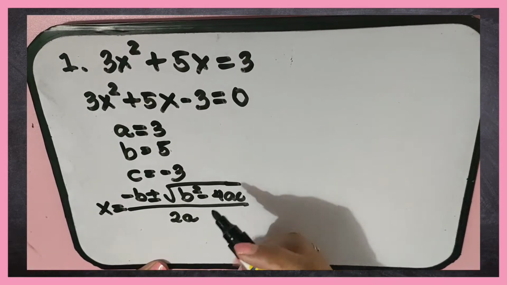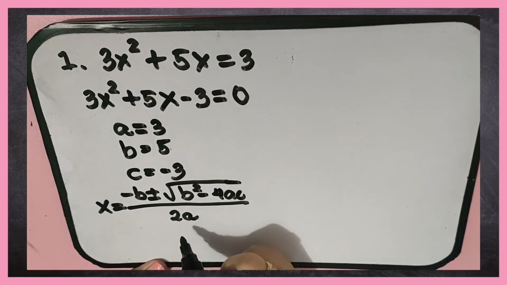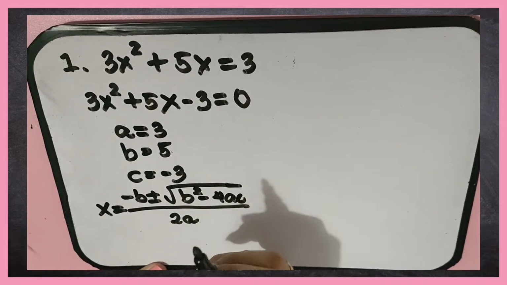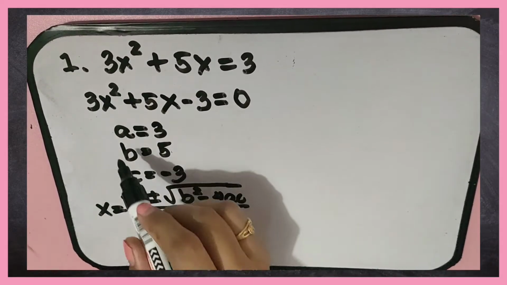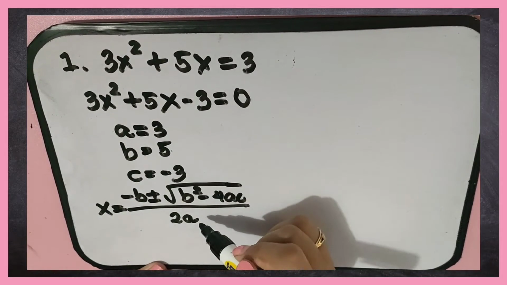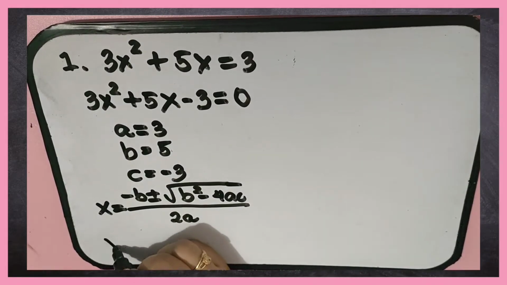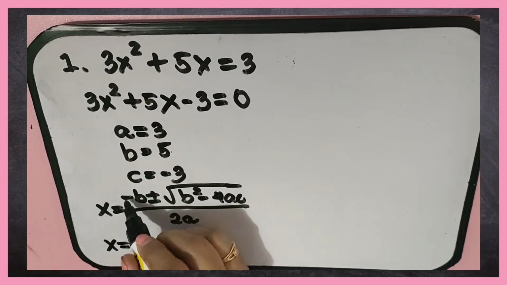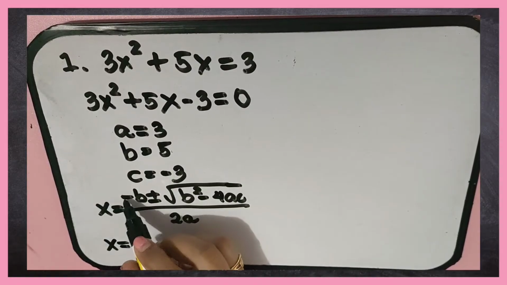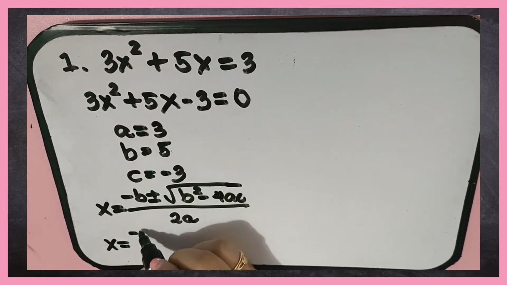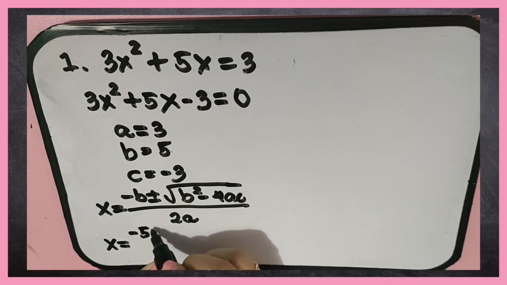Okay. So after that, let us substitute the value of a, b, and c to this formula. So we have x equals, copy the negative sign, and then the value of b is 5.